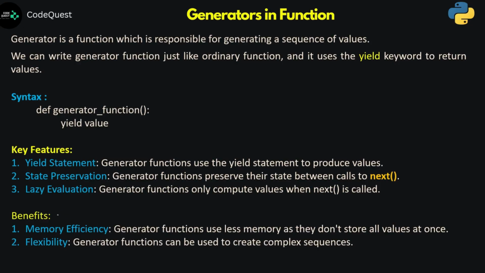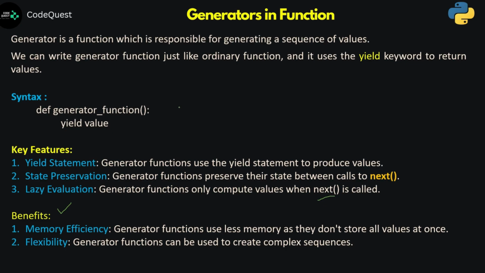So what are the benefits of this? Memory efficiency, because generator functions use very little memory. The reason is they do not store all the values at once. For example, let's say a generator function is producing 5 values. All the 5 values will not be stored in memory, because each time I call next, only then is the function going to supply one value to me.